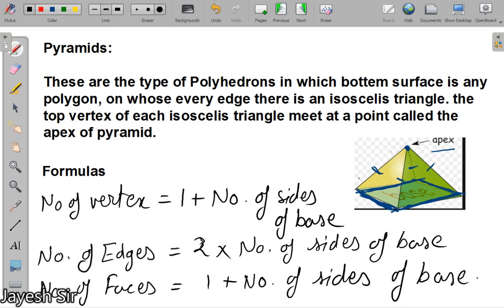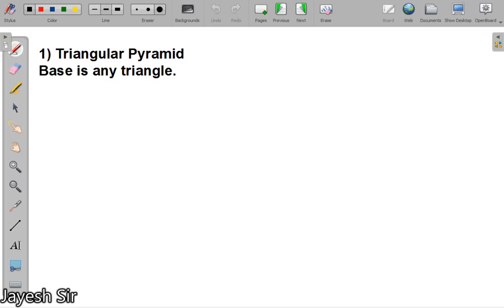Okay, so you have to write all these things in your copy, and we'll move forward with special types of pyramids. Now first of all we have a triangular pyramid. So in a triangular pyramid your base is a triangle. So I have taken this scalene triangle, and each side of this triangle is made up of equilateral triangles.